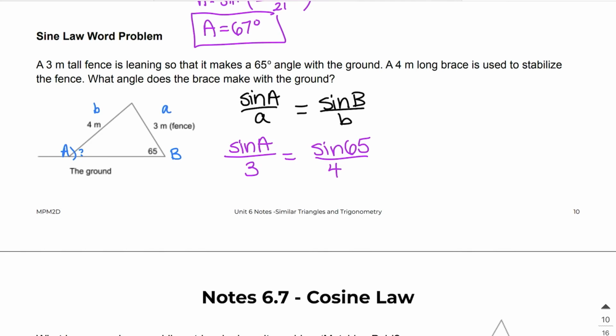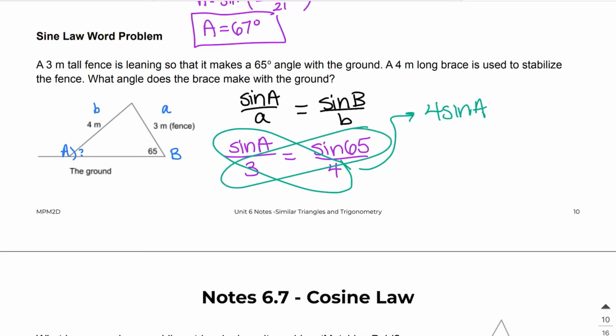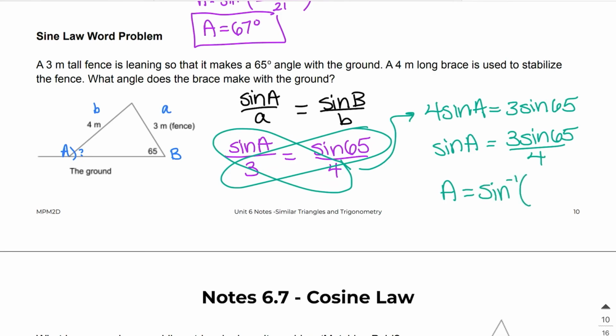So I'm going to cross multiply this 4 by sine of A, so that gives me 4 sine A, and then I'm going to cross multiply 3 by sine of 65. I don't like that 4, so I'm going to get rid of it by dividing. And then I'm going to do the inverse of sine. So I'm going to do inverse sine of 3 times the sine of 65 all over 4.